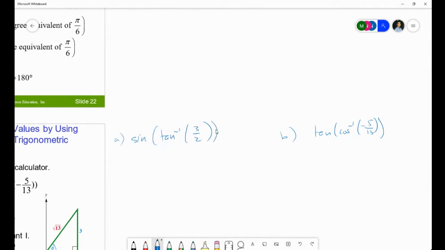So let's summarize what we just learned here. An inverse function will always give you a what? Nicholas?